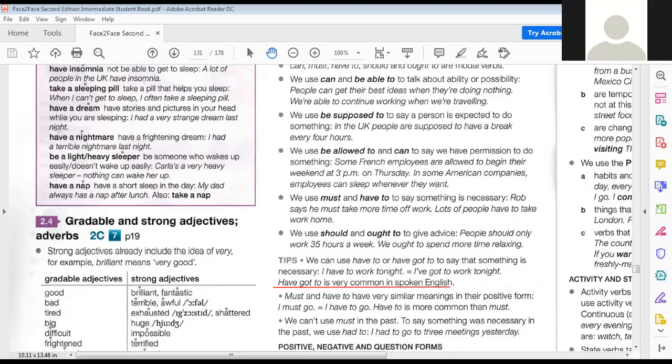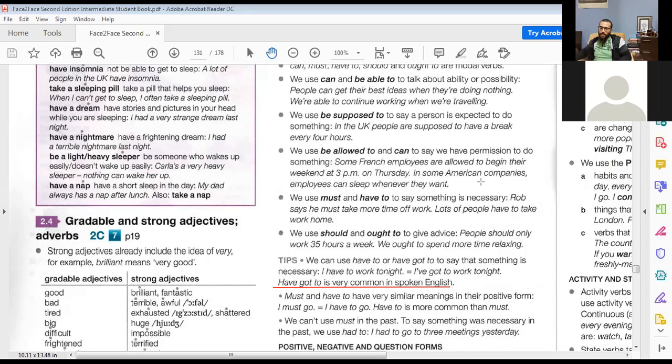So this means if you go to the UK, it's very likely this is what you'll hear. They'll probably say, I've got to. I've got to leave. I've got to call my mother. So they might add got, but it's the same. You can just say, I have to, I've got to. There's no difference. Okay. Now it says here that must and have to have a very similar meaning.